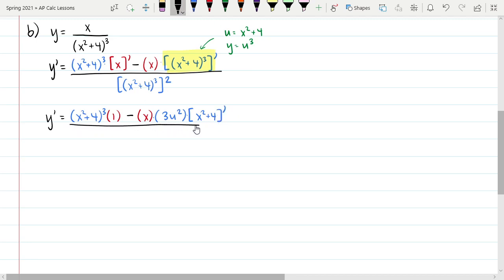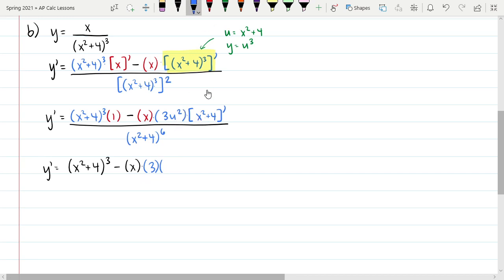And again, this is all over the denominator, which I'm going to write as x squared plus 4 to the sixth. Remember, to the third, to the second, multiply those powers. Let's finish off that chain rule then. So y prime equals, now right here, times 1, so I'm going to get rid of that times 1. So I've got x squared plus 4 to the third power, minus x times 3 times our u squared.